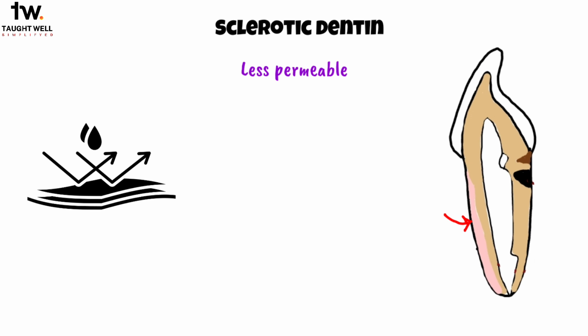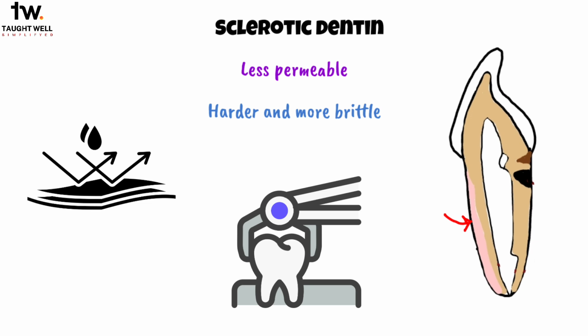However, this increased mineral content also makes these regions harder and more brittle. An important consequence of this brittleness is that the apical thirds of roots in elderly patients can break more easily during tooth extractions. The sclerotic dentin's hardened nature contributes to this fragility, making it a crucial consideration for dental procedures in older adults.